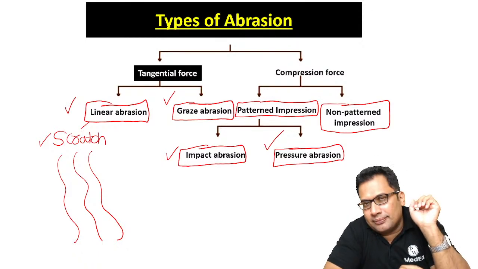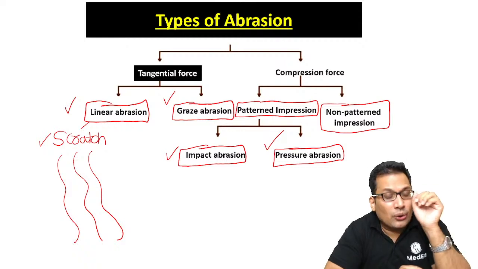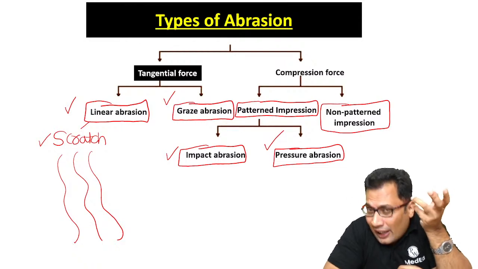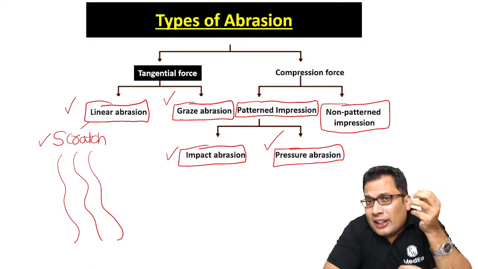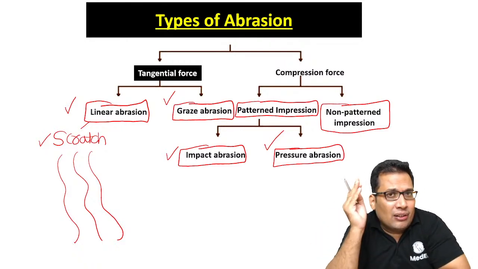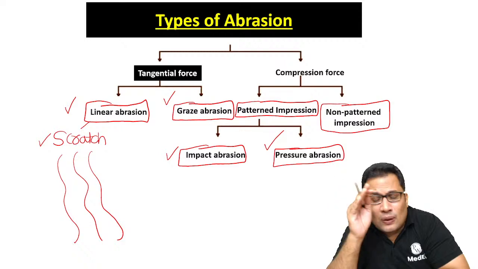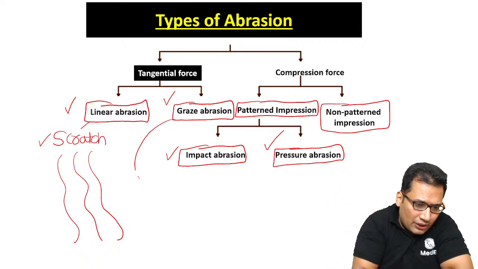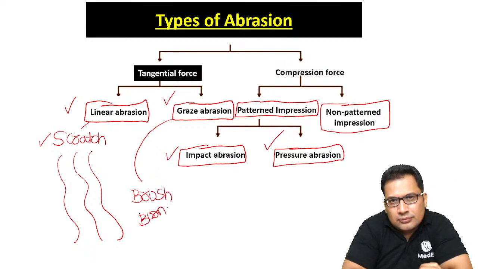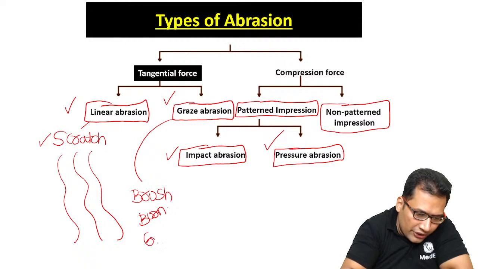Graze abrasion is also known as brush burn or gravel rash, which is the most common mechanical injury in a road traffic accident because of the friction between the skin and the surface causing it.